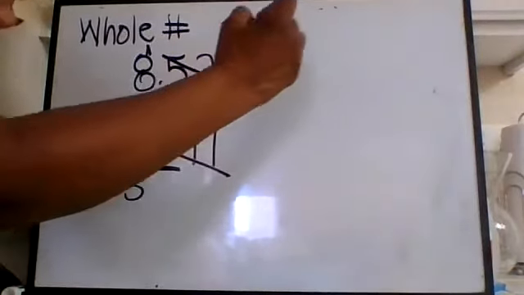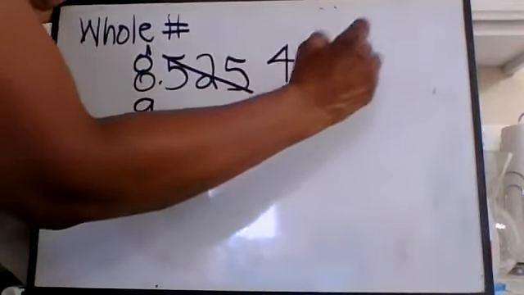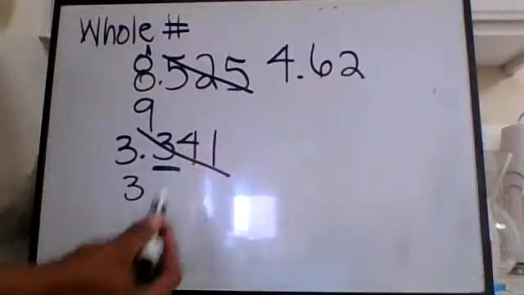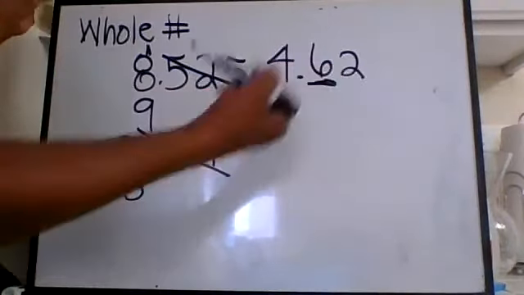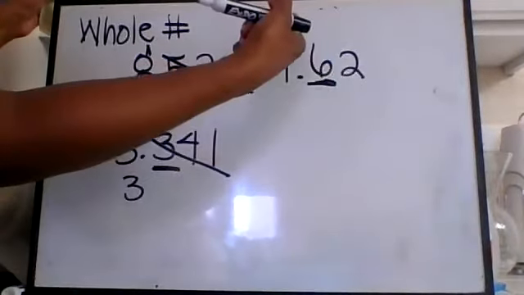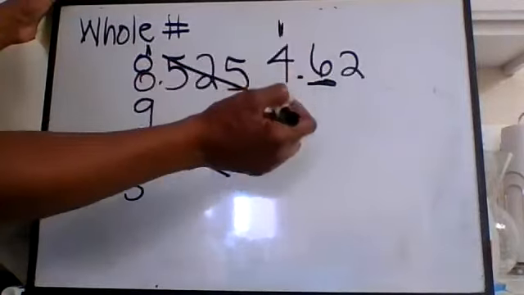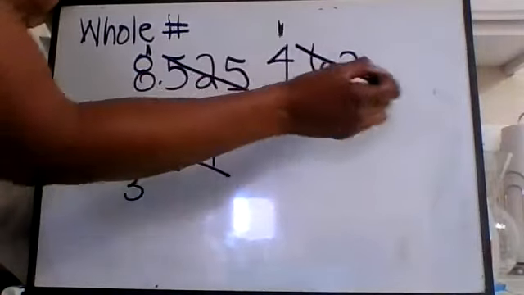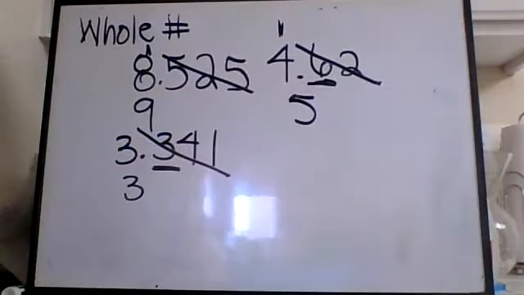Right? One more. Let's try 4.62. Again, we look at the number to the immediate right, and it's 6. It's greater than 5, so we round up. We add 1 here, all of these become zeros, and the answer is 5.